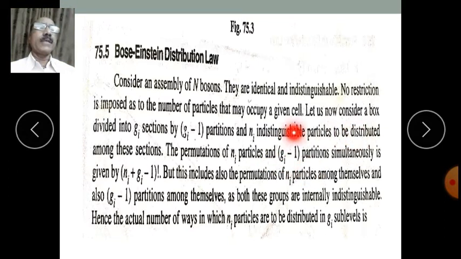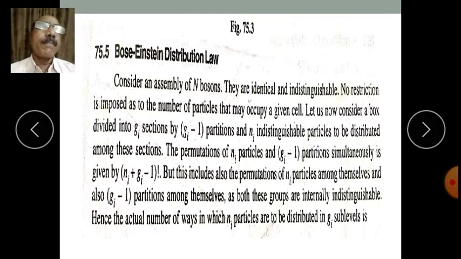Let us now consider a box divided into Gi sections by Gi minus 1 partitions, isn't it? If you put a partition in a box, it gets divided into two compartments. If you put two partitions in the same box, one beside the other, the box is divided into three compartments.